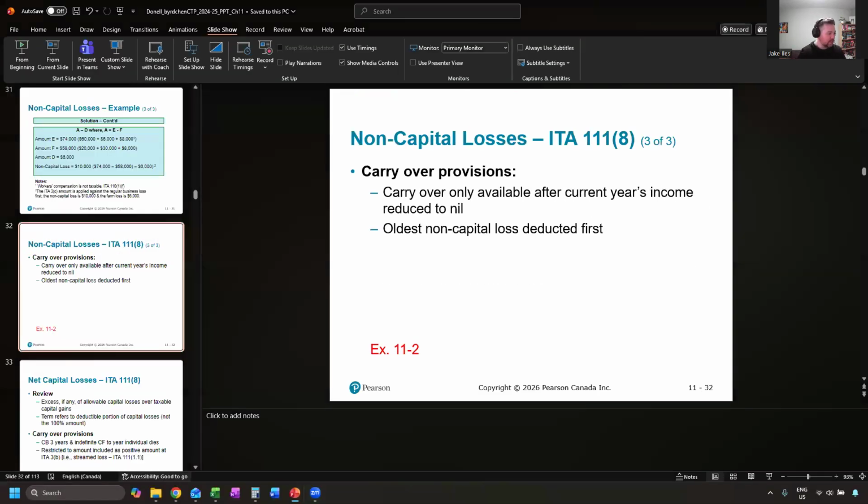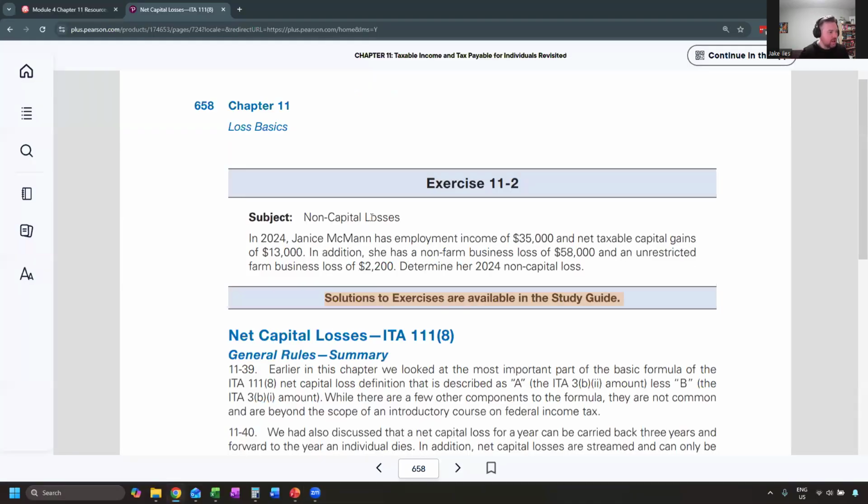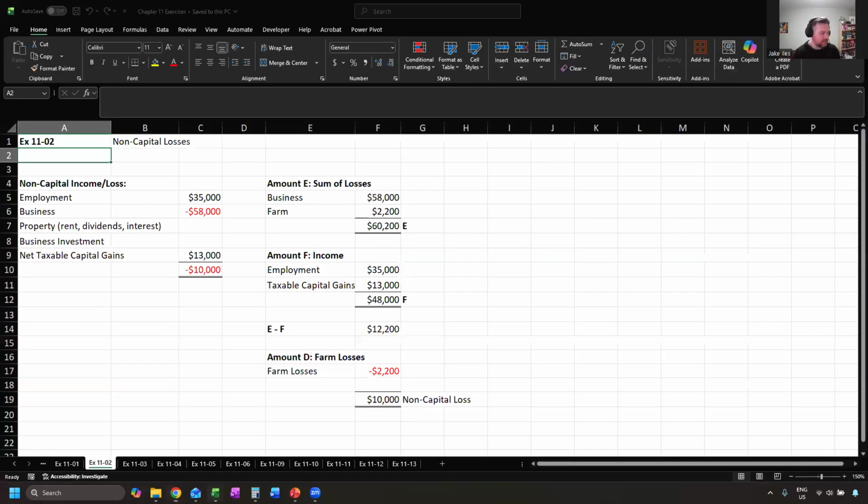So exercise 11-2. Non-capital losses. In 2024, Janice McMahon has employment income of 35,000, net taxable capital gains of 13,000. In addition, she has a non-farm business loss of $58,000 and an unrestricted farm business loss of 22. What is her 2024 non-capital loss?